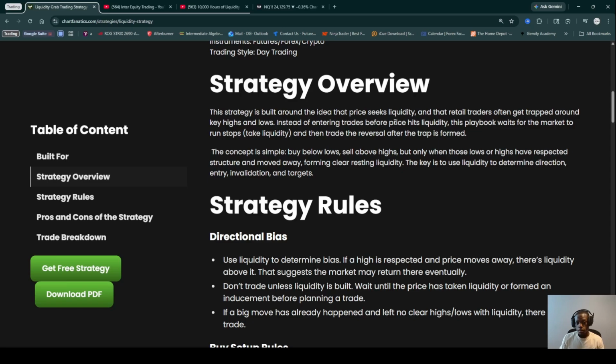Instead of entering trades before price hits liquidity, this playbook waits for the market to run stops, take liquidity, and then trade the reversal after the trap is formed. The concept is simple: buy below the lows and sell above the highs, but only when those lows or highs have a respective structure and moved away, forming clear resting liquidity. The key is to use liquidity to determine direction, entry, invalidation, and targets.